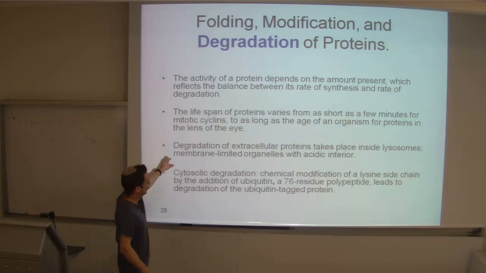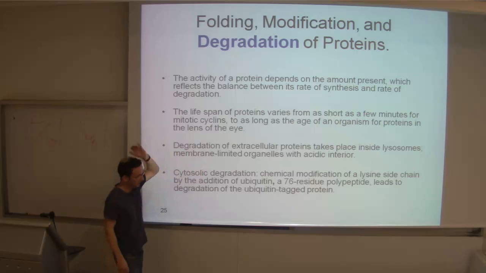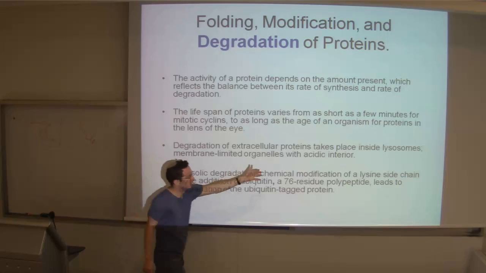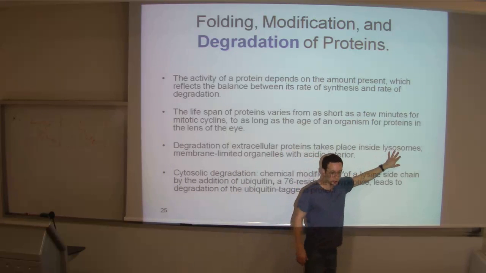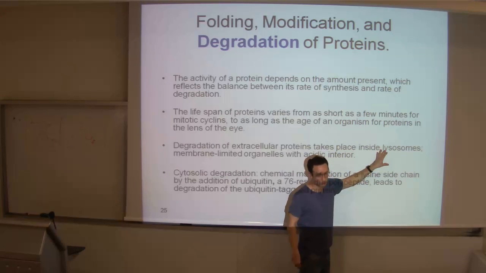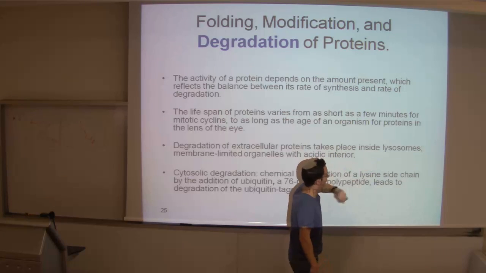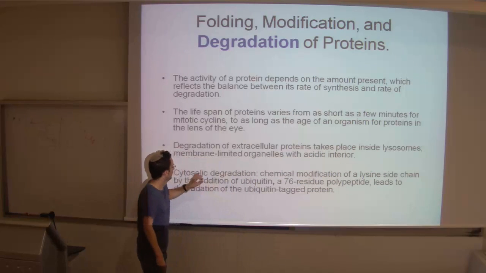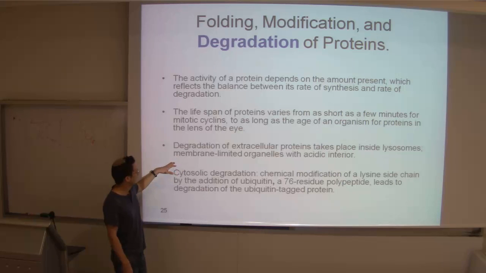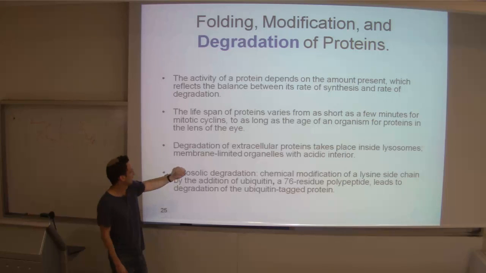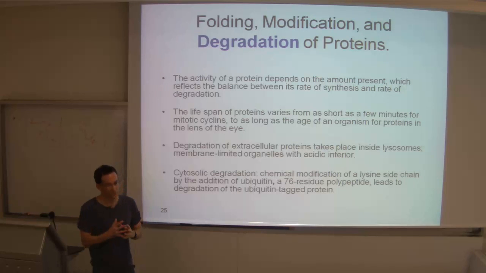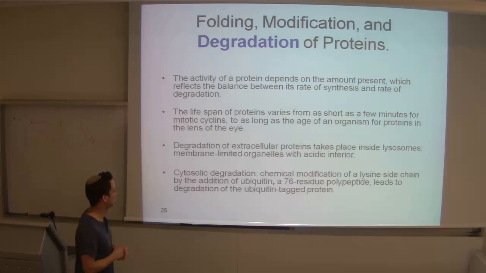Degradation of extracellular proteins takes place inside organelles that are called lysosomes. We will see the structure later on, but I just wanted to mention it here. Lysosomes, just to say a word, are membrane-limited organelles having an acidic interior, an interior that's good for breaking down proteins.